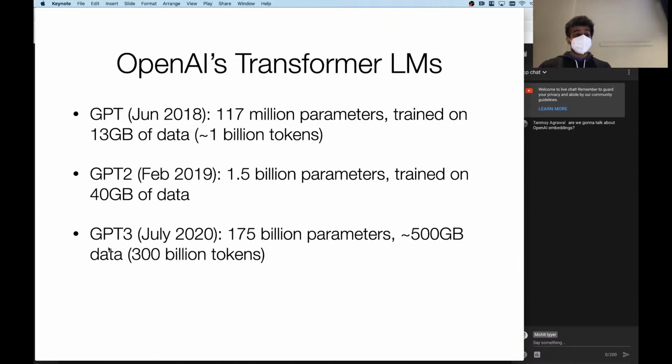GPT-3 now, I believe, is publicly accessible, but you can't actually access the model's parameters. They have an API by which you could access the model, and you have to pay after some amount of free credits have been exhausted. So this business model is kind of like language model as a service. This is a new thing.